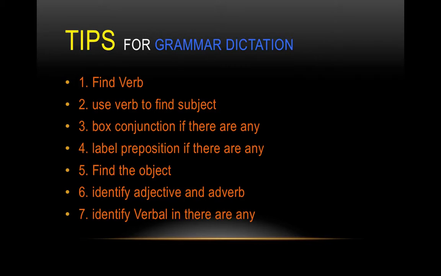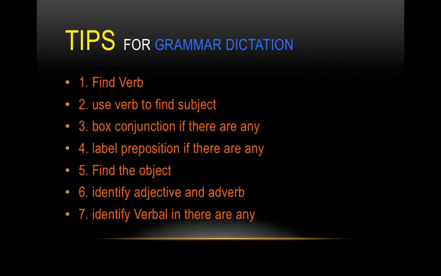First step, we're going to find the verb in the sentence. After you find the verb, you will use the verb to find the subject of the sentence. How are you going to use the verb to find the subject?